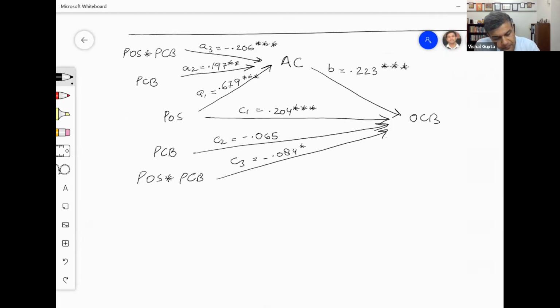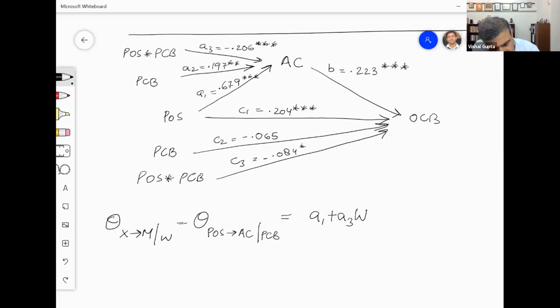which is B. So we said, what is our theta x to m now, which is conditional on W, which is theta POS to AC conditional on PCB. It is A1 plus A3W, right?